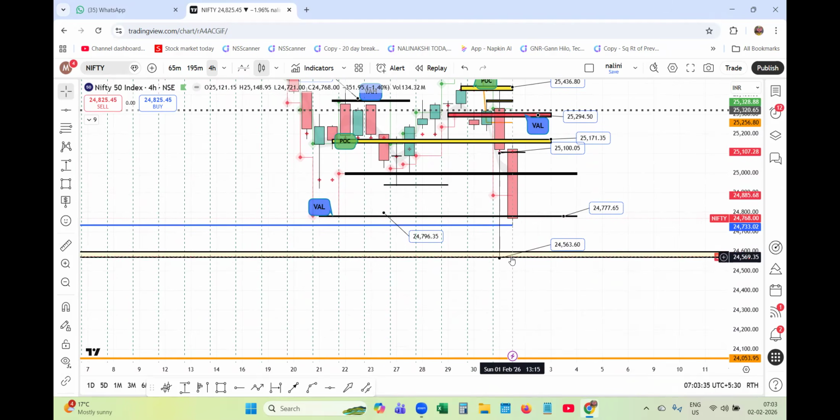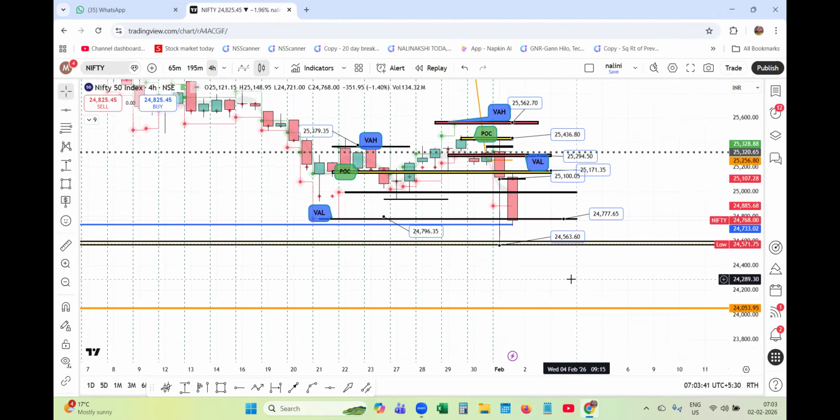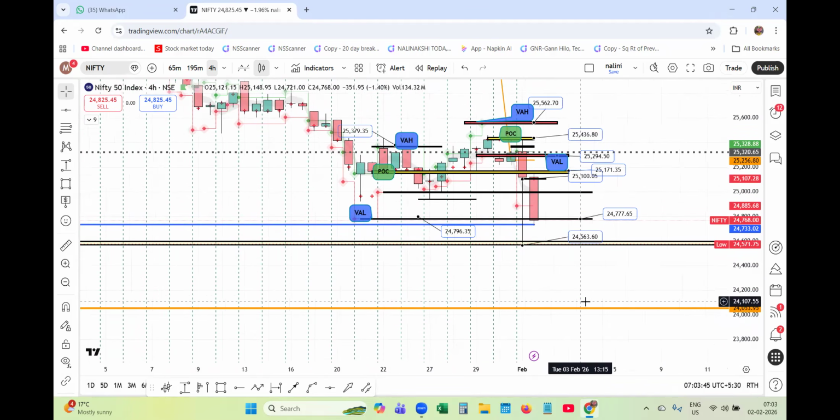Suppose the market starts breaking below this low, there is more to go. The Nifty can test 24,053. That is the future level. Though it appears to be an 800 points fall, it has broken below the previous range, 24,980, by only 150 to 200 points.